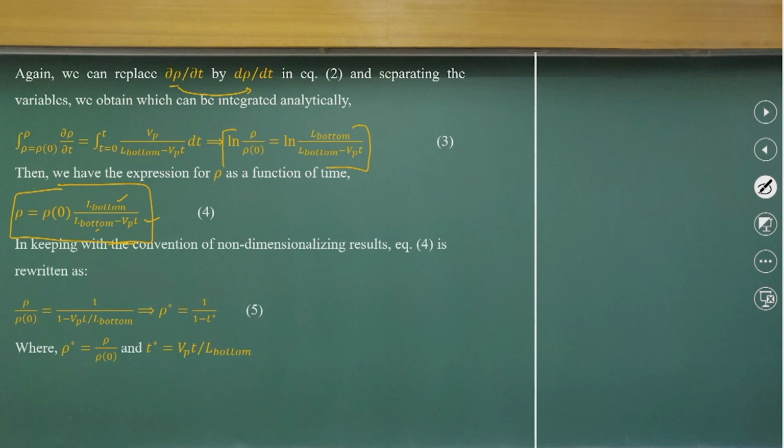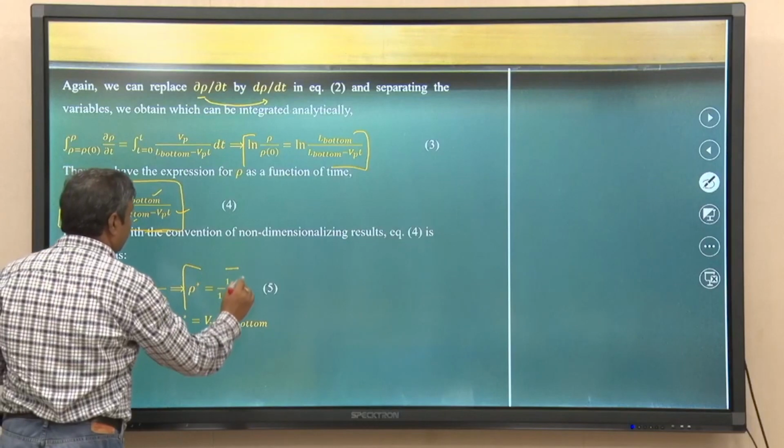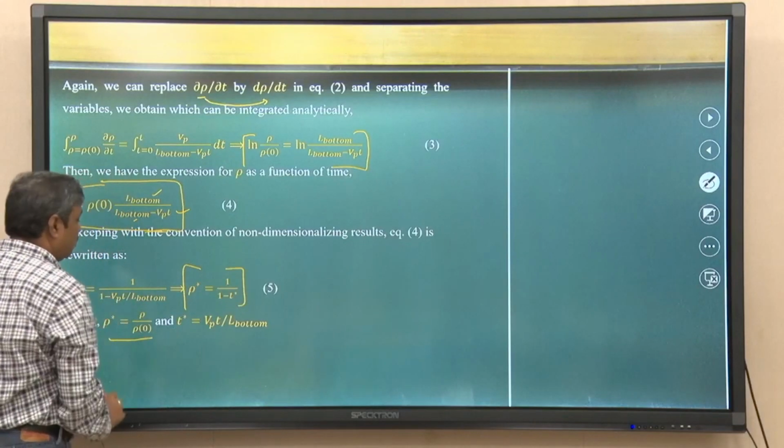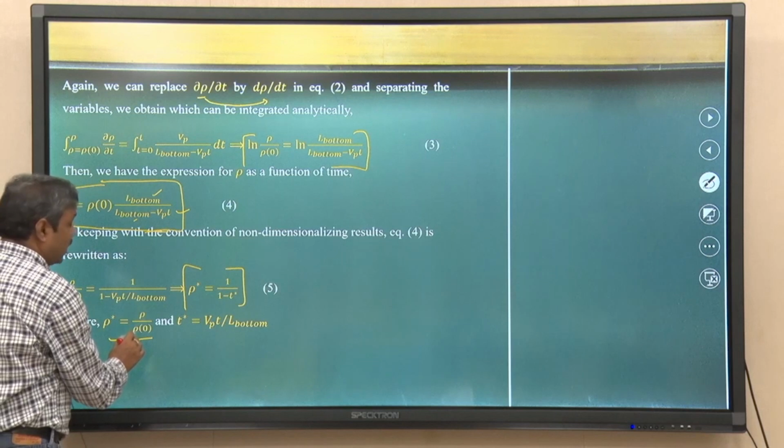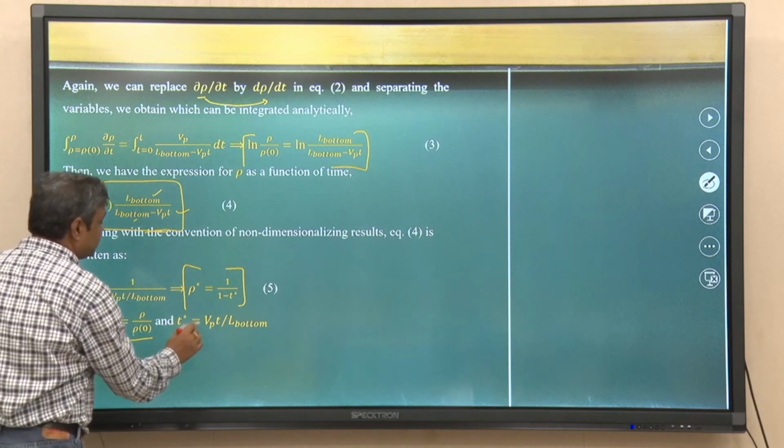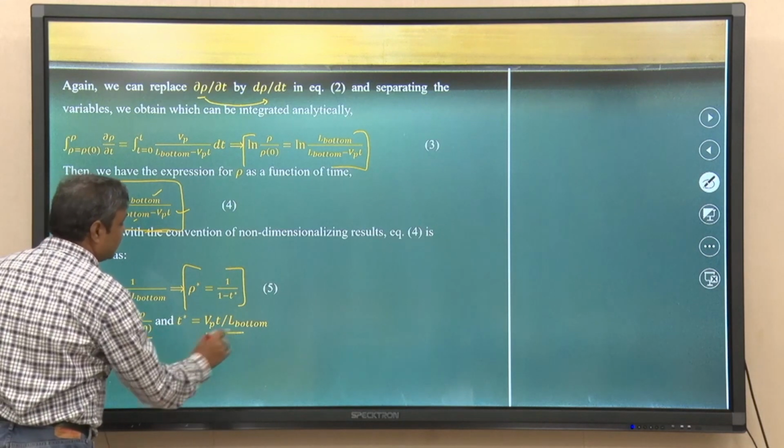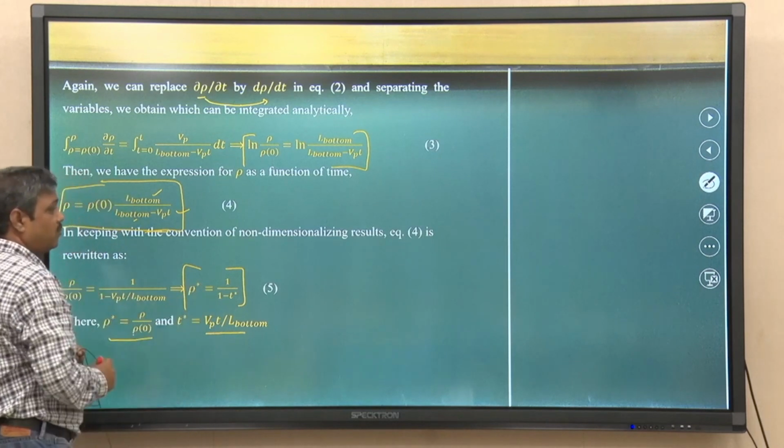So, I define a non-dimensional form with non-dimensional rho, rho by rho at the 0th time, and V star also I am putting in a non-dimensional form. So, I am getting this form.